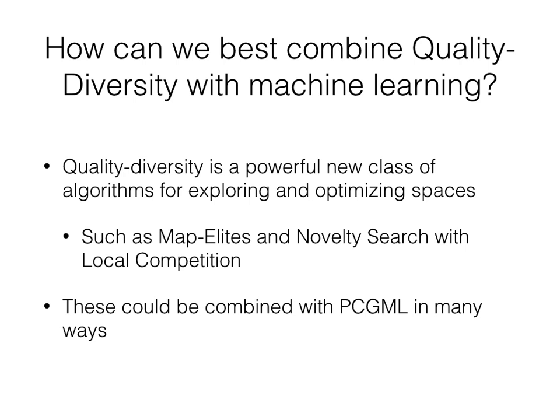So this gives you not just a good solution, but a whole map of good solutions, a map of the elites, so to speak. I think there's a lot of potential in combining this approach with procedural content generation through machine learning.